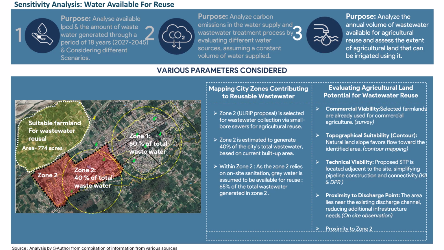So, a suitability analysis considering factors like commercial viability, topography, and farming is done to ensure how much of this wastewater can be reused in the agriculture. And by doing this suitability analysis, it has been found that around 774 acres of farmland, which is to the west of the Shakti Canal, is suitable for agriculture.